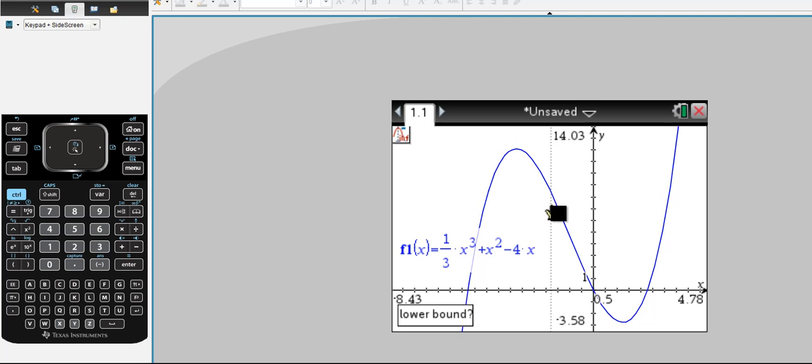So if I click a little bit left of this and then to the right, we have the inflection point here, and here are the coordinates for that inflection point.